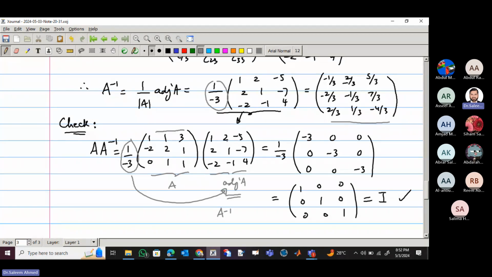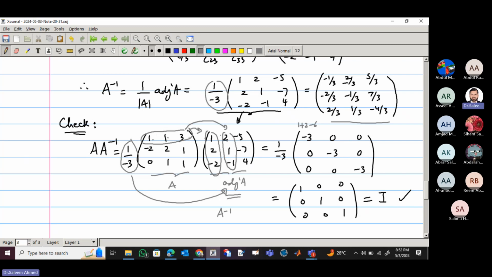Now we multiply first row with first column, right? So 1 into 1 plus 1 into 2 plus 3 into minus 2. So 1 into 1 plus 1 into 2 is 3, plus 3 into minus 2 is minus 6. So 3 minus 6 is minus 3. So this was 1 plus 2 minus 6. And then first row with the second column.